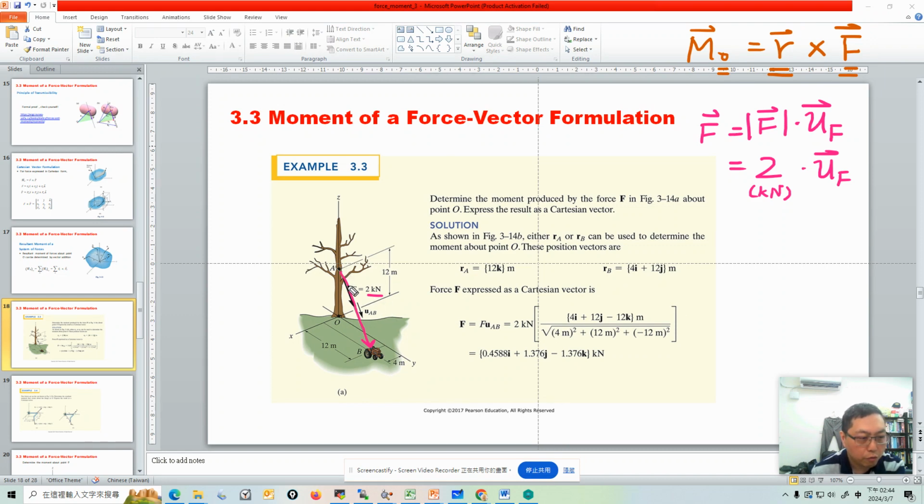This force right now is along the AB vector, so the direction of your force is equal to the direction of your AB vector. So how do we calculate the unit vector of AB?